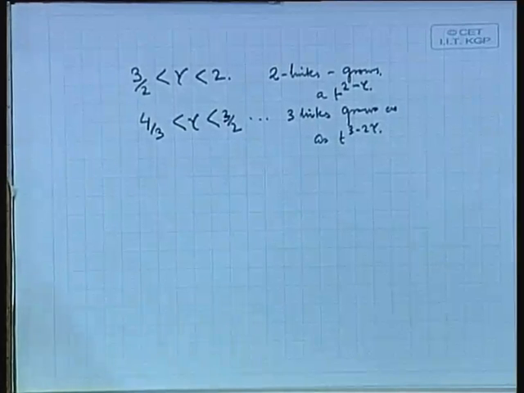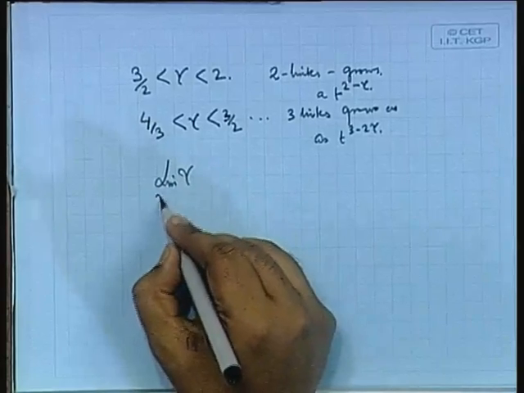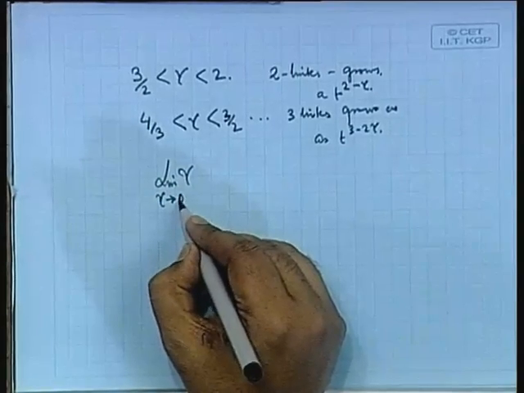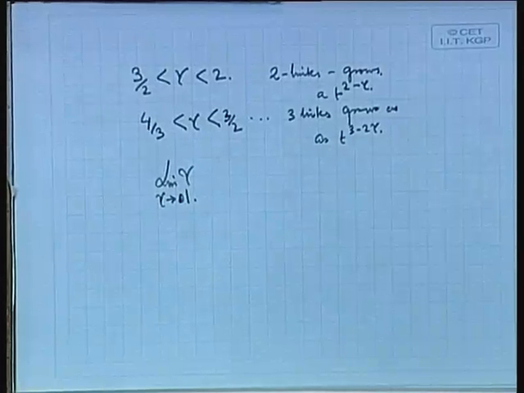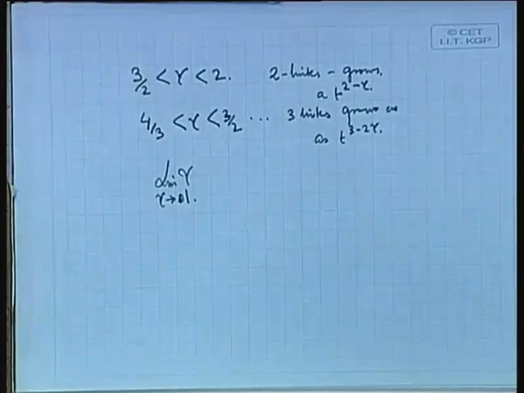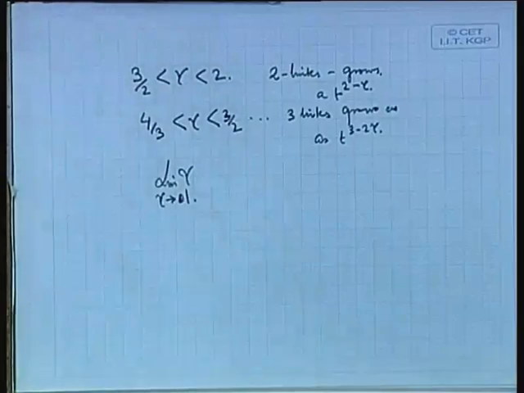So what will happen as gamma tends to 1? All types of links will become infinite. There will be an infinite number of degree 1 nodes, an infinite number of degree 2 nodes, an infinite number of degree 3 nodes. It will be infinite.